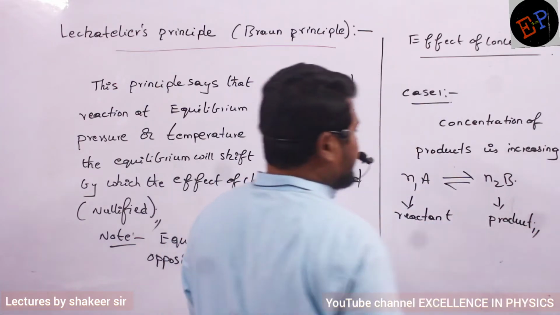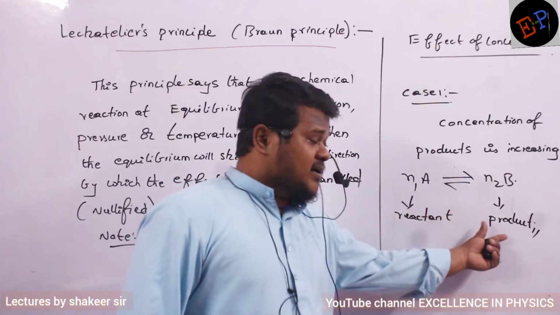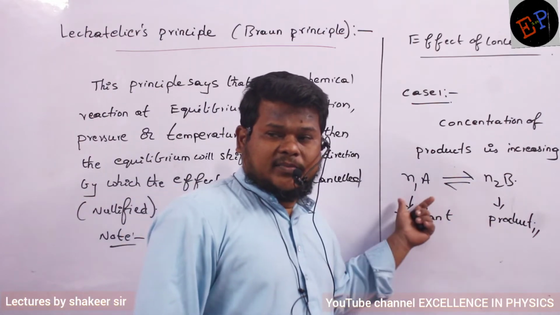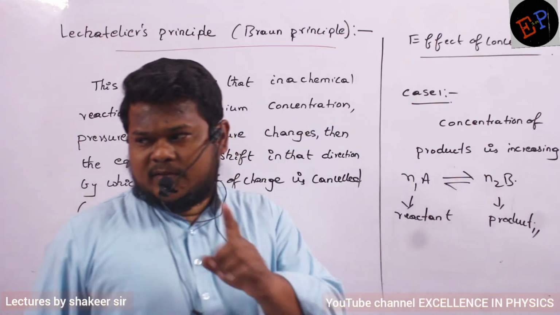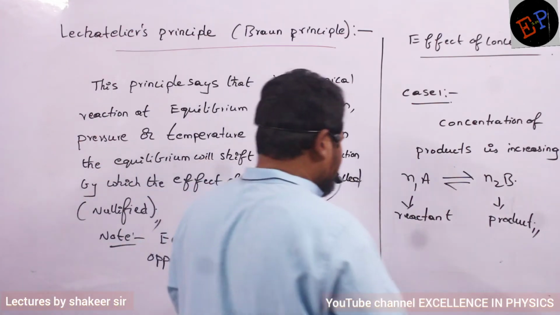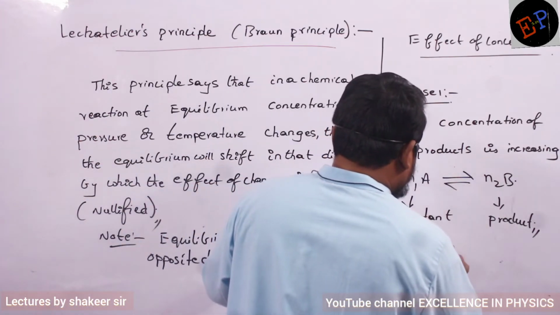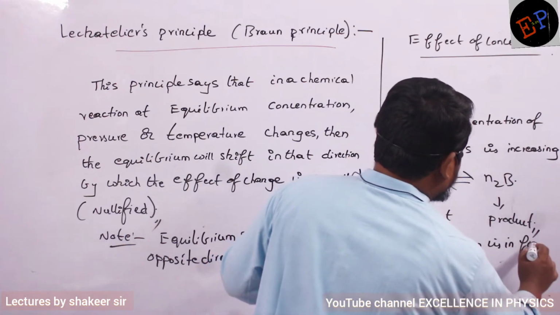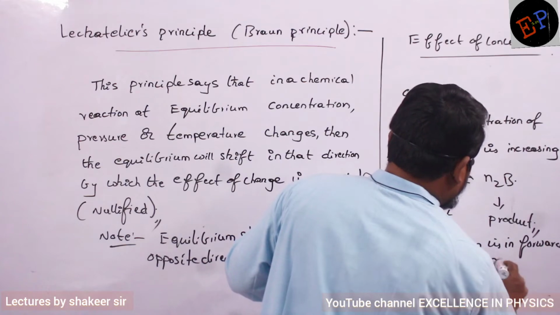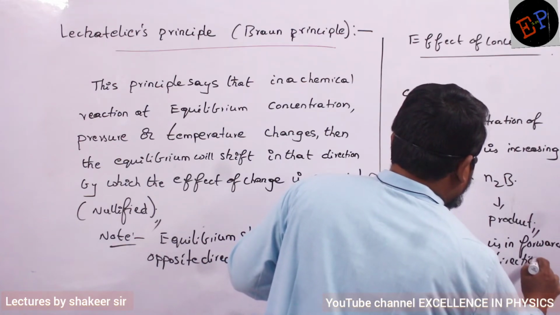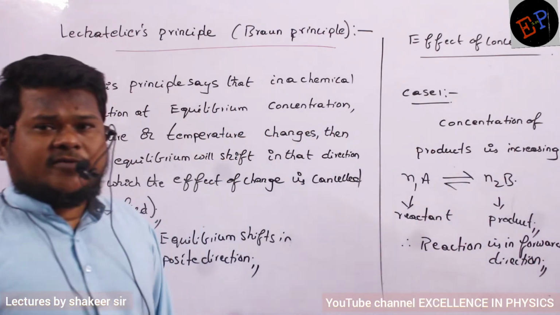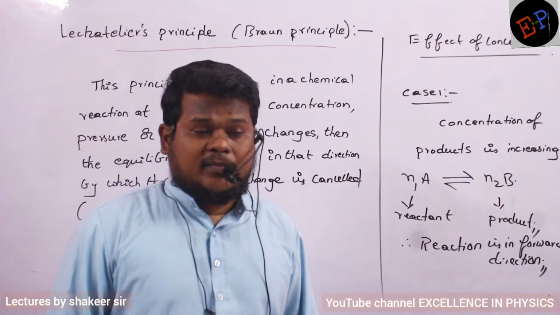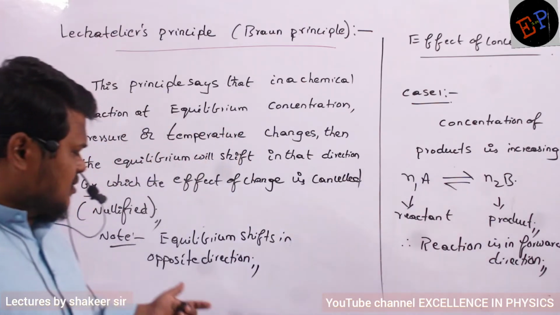So if concentration of product is increasing, it means the reaction is in the forward direction. Then equilibrium should shift in which direction? Backward direction. That's what we have written here.